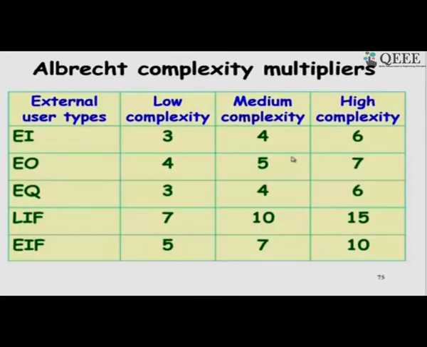And then the weights: we classify each external input, external output, inquiry, etc., by its complexity, and based on the complexity, weights are assigned. As you can see, the internal files which are highly complex, like trees and so on, have the maximum weight, whereas input, inquiry, etc., are low complexity and have low weight, and the files are the ones which have large weights.